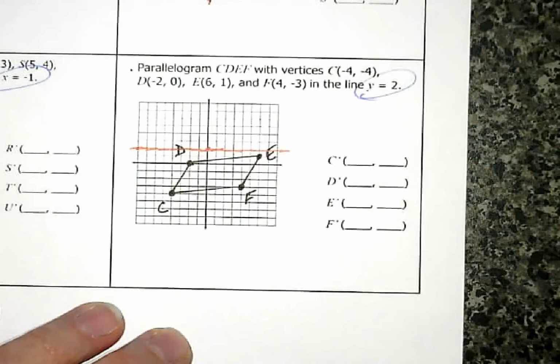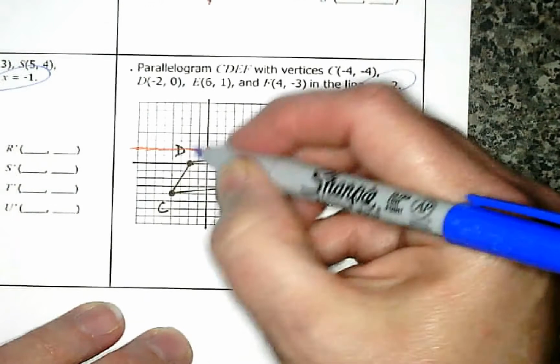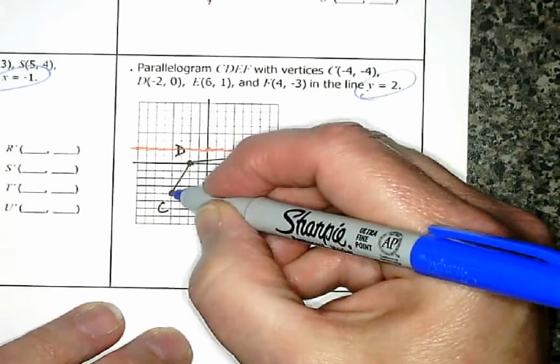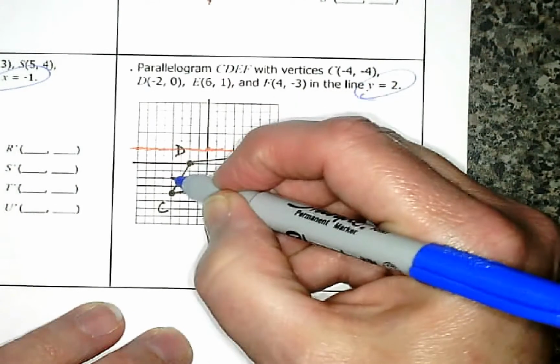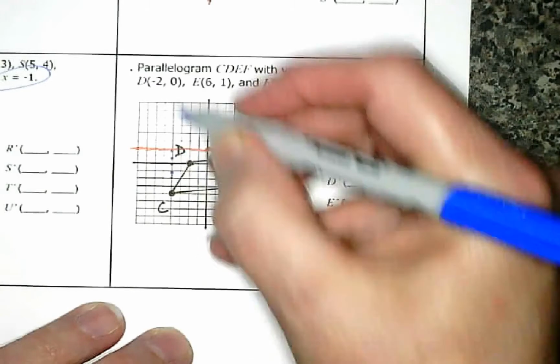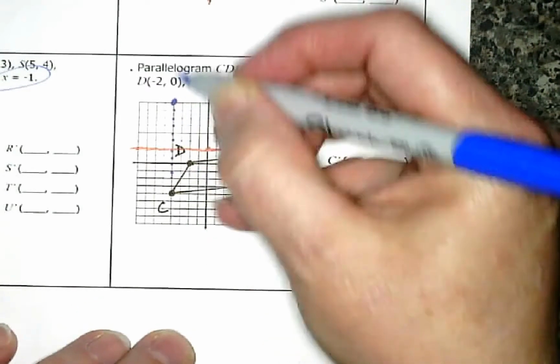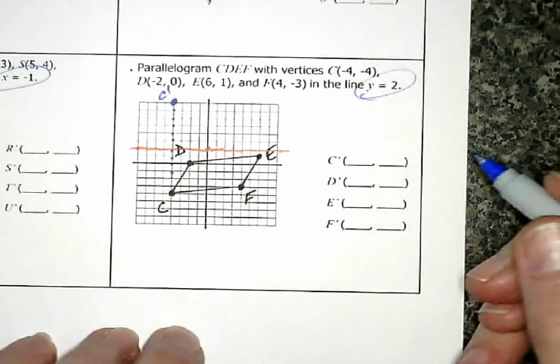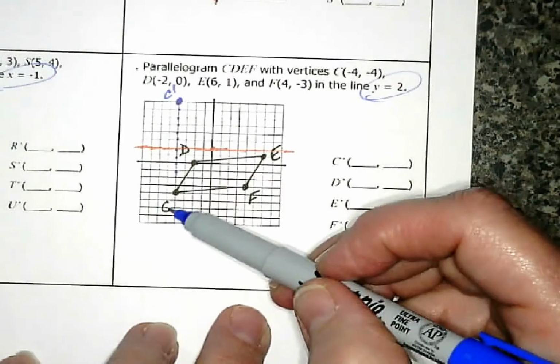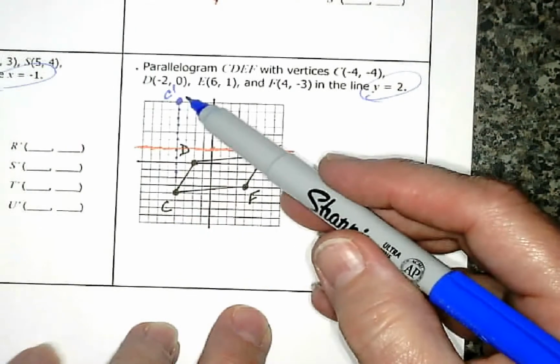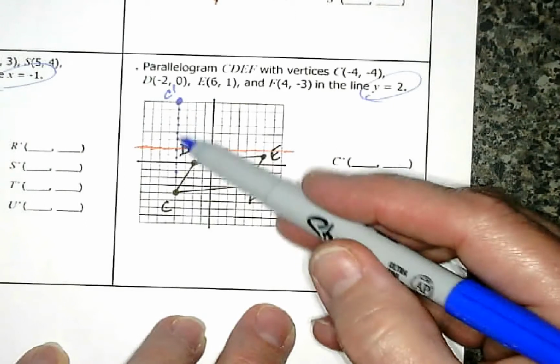From there, I'm going to count to the line. I'll do C first, this farthest out one: 1, 2, 3, 4, 5, 6, and 1, 2, 3, 4, 5, 6. There's my new C, C prime. The farthest one away is going to be the farthest one away, because they have to be the same distance to this line of reflection.